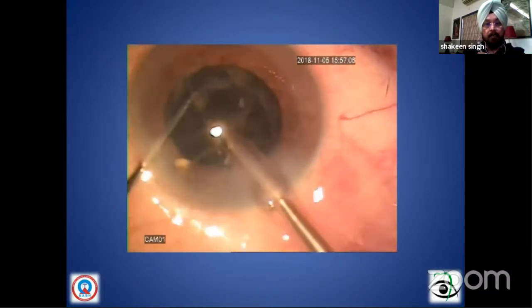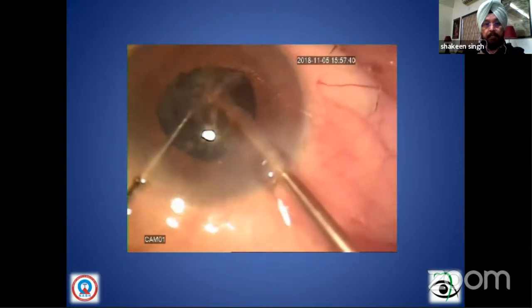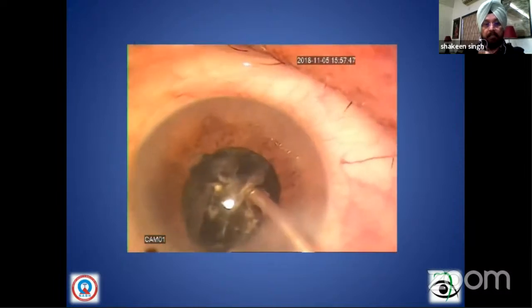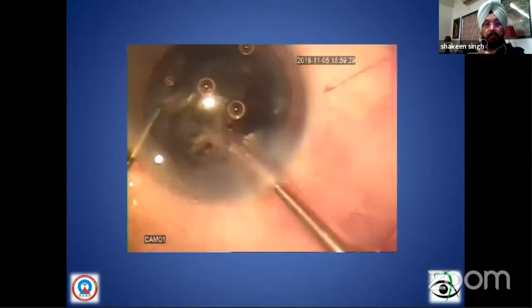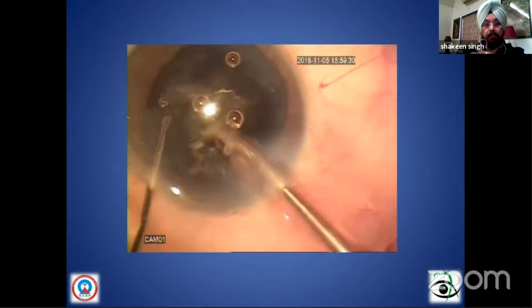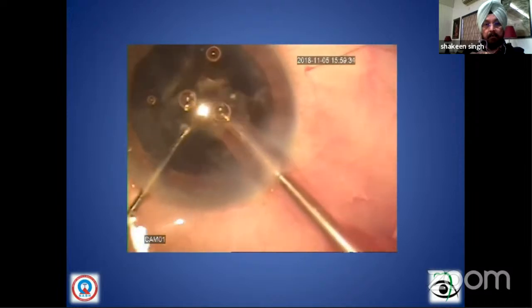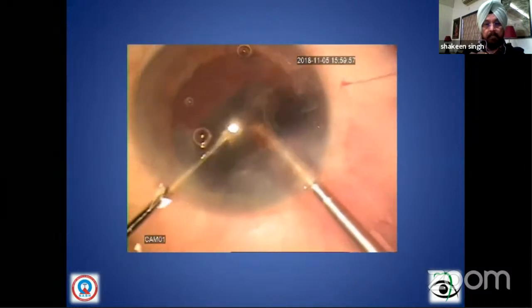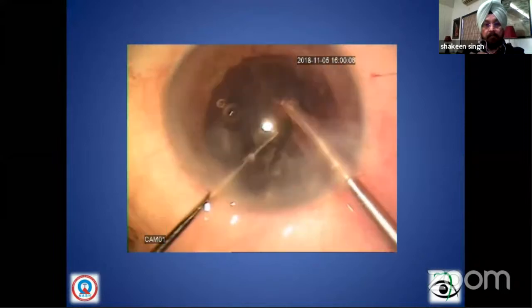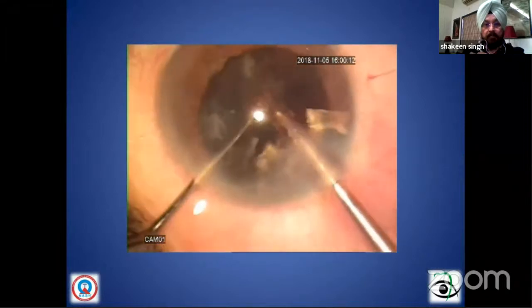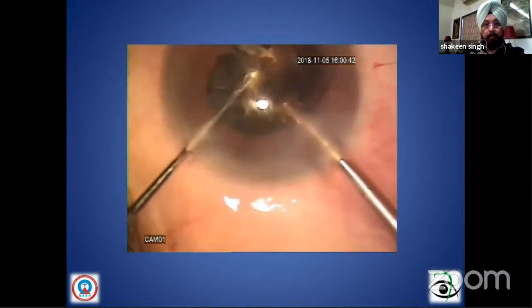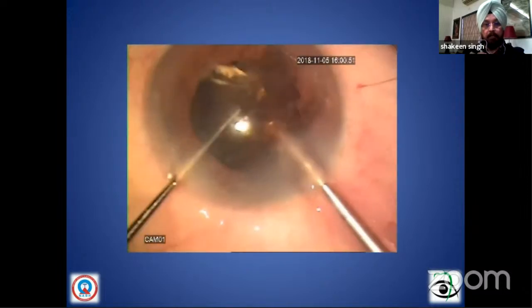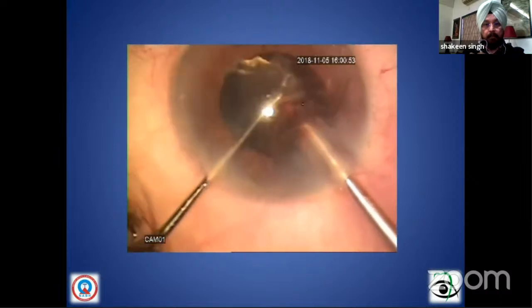In the harder cataracts which are leathery in appearance, you may have to struggle with the nucleus fragmentation or chopping. In these cases, I have my own design chopper with a side cut, for a horizontal side chopping technique. You hold the nucleus with a high vacuum, and then you cut from the side with the side-cutting chopper, and it breaks the nucleus into smaller fragments.